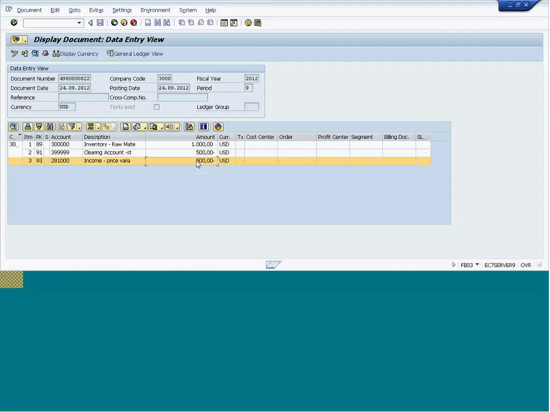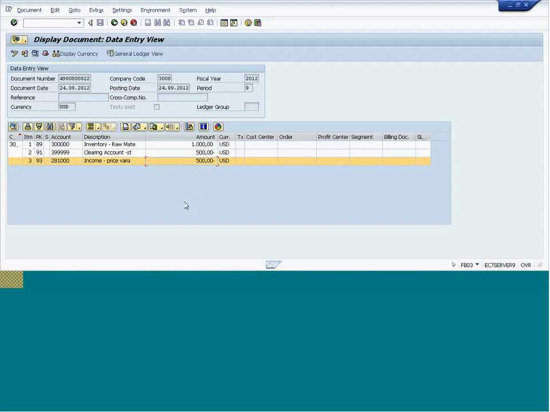But it is not a real gain, it is a hypothetical gain. If you don't adjust this into your balance sheet accounts, you end up paying tax on this. It will have a lot of implications.